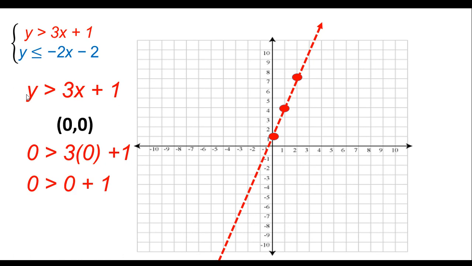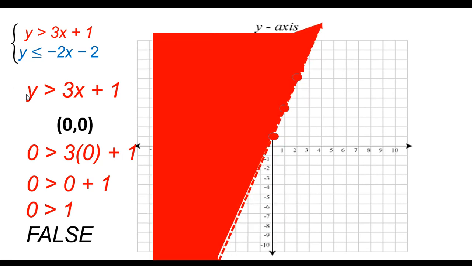And to simplify, that is 0 greater than 1. And 0 greater than 1 is a false inequality. Therefore, we're going to shade away from our test point. So, this is the region that we're going to shade.